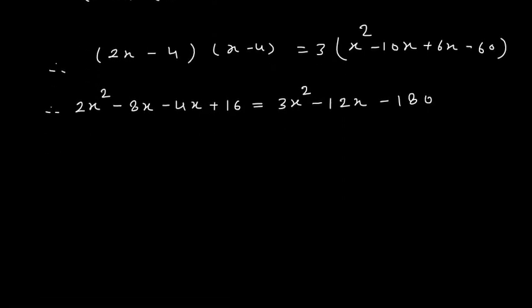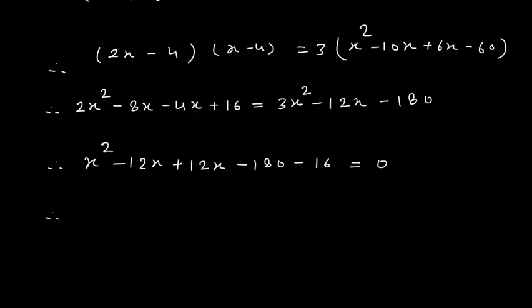So therefore now we move this 2x square on right. So 3x square minus 2x square is x square. Then on right hand side we have minus 12x, and this is 8 plus 4, 12. So this minus 12x will move on right, it will become plus 12x. On right we have minus 180, and this 16 will move on right and it will become minus 16, and this whole is equal to 0.